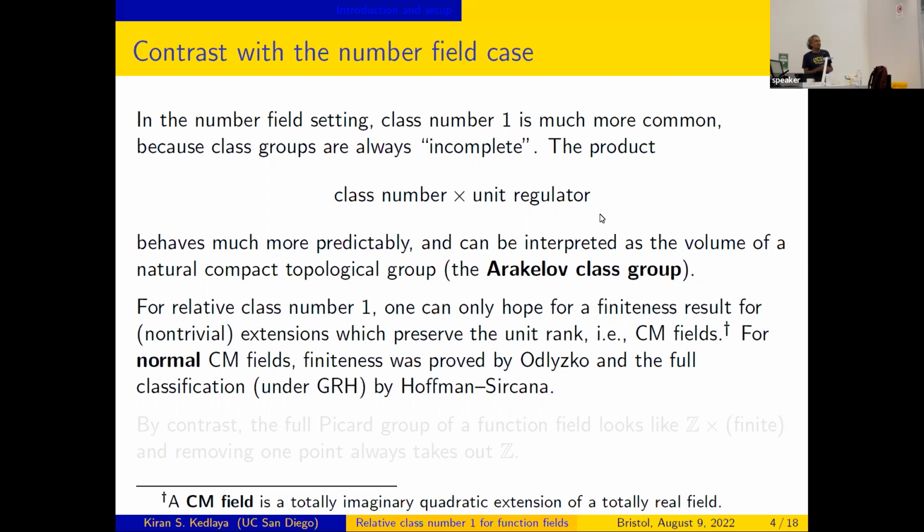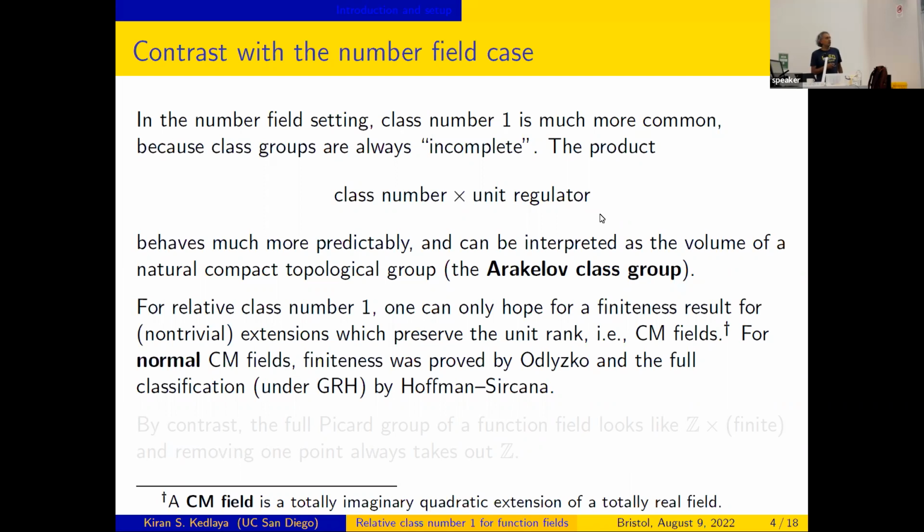And if you've taught algebraic number theory, you've maybe made your students check that this only happens when you take a totally imaginary quadratic extension of a totally real field, a CM field. So I don't know if there's a general theorem that says that you have a finite bound in the number field case.